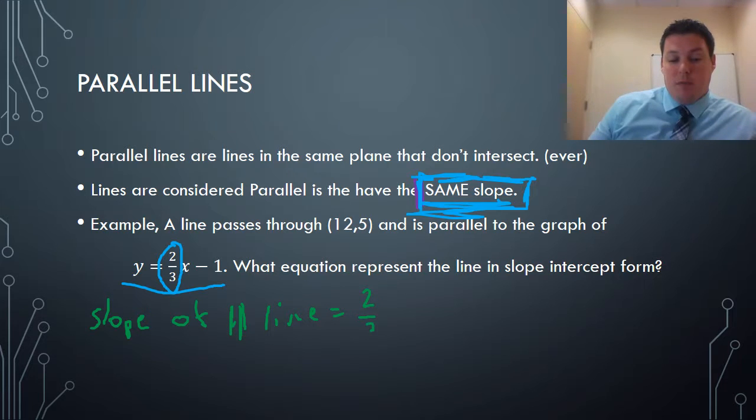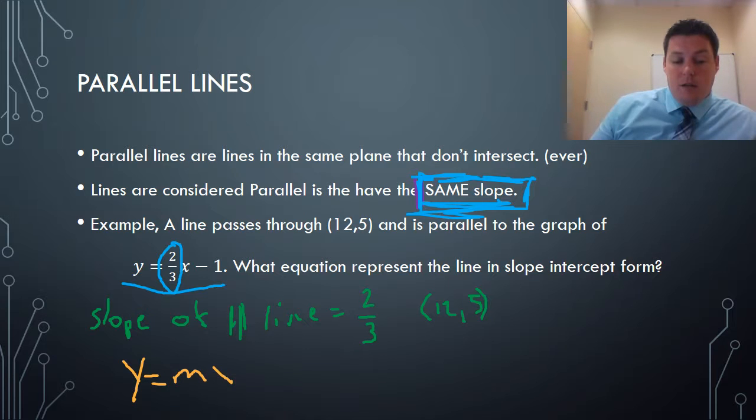The slopes are the same. So if you have the slope of the parallel line and you have the point 12, 5, in order to find the equation of that line, remember we just plug that in. So we have our equation y equals mx plus b.